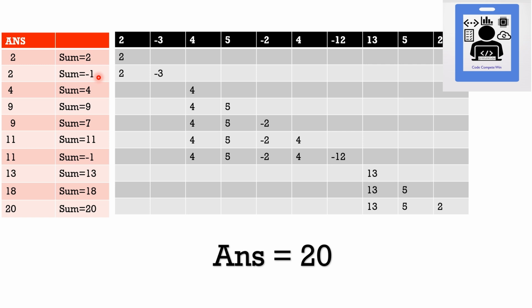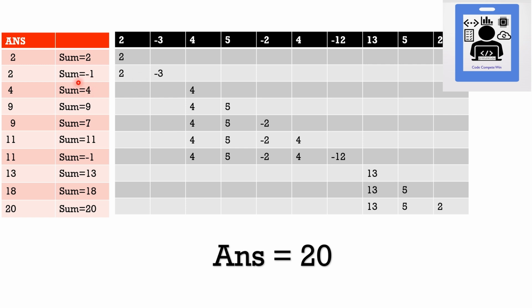Keep the maximum of answer and sum, that is 2. As you can see, this sum became negative, so it is not a good idea to keep these elements, so discard the previous elements.